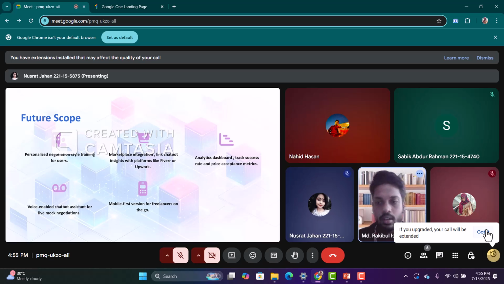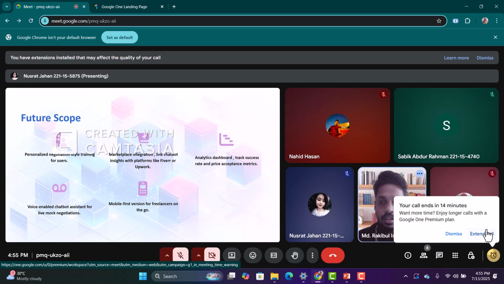Assalamu alaikum everyone. I am Rakibul Shanto and my ID is 221155353. So let's talk about the future scope of our project. While our current prototype offers solid negotiation support, we see a lot of potential to expand. First, we plan to integrate voice-enabled chatbot assistance for live mock negotiations, making the experience more immersive and realistic. Second, we are building an analytics dashboard where users can track negotiation success rates and price acceptance metrics, giving them actionable insights.